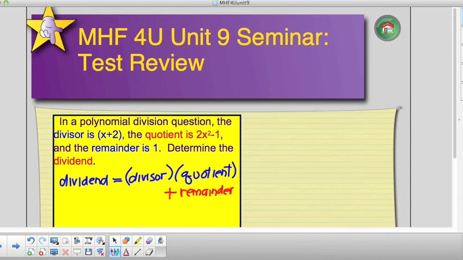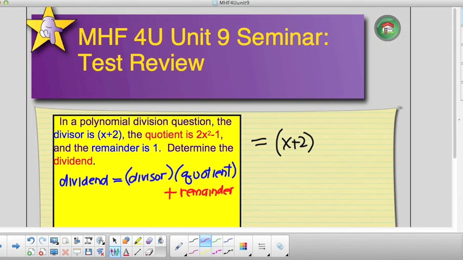So this is going to be equal to, I know my divisor is x plus 2. I know my quotient is 2x squared minus 1. And I know my remainder is positive 1. So the first thing I have to do is use FOIL on my two binomials and then add my remainder.